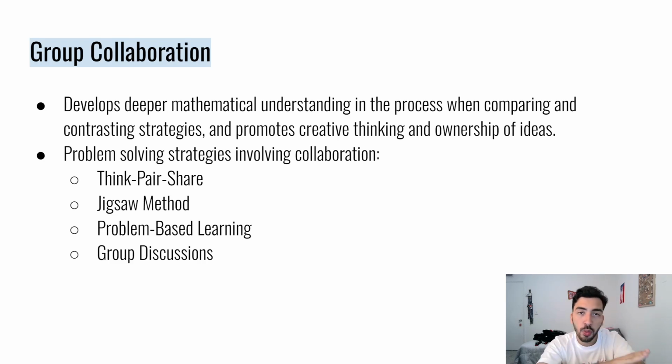When you have a main problem, you divide it into different jigsaw pieces, and you assign different groups to those pieces for them to focus on that aspect of the problem. You also have problem-based learning, which we've heard of before, PBL. And then we have group discussions, similar to what I said in the previous slide, when you have a whole group discussing, sharing their ideas, sharing what they found when problem solving.